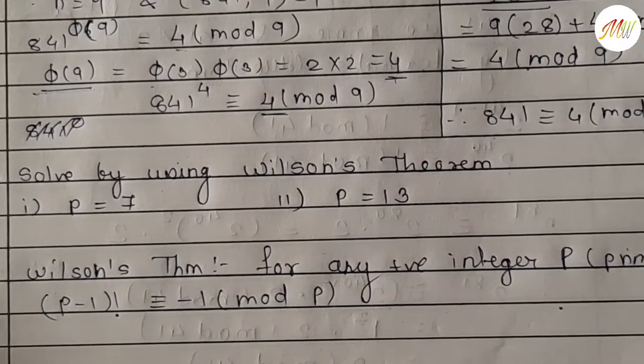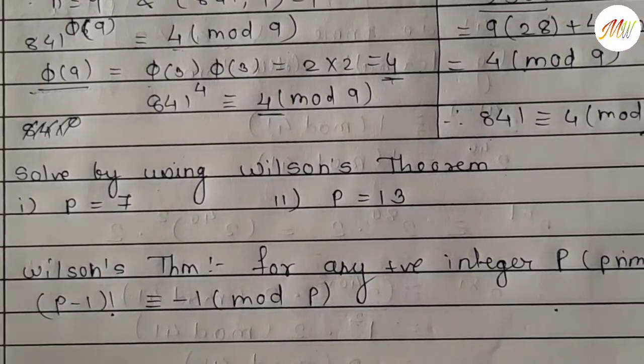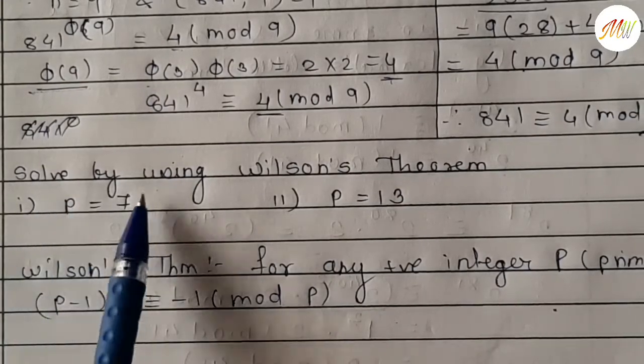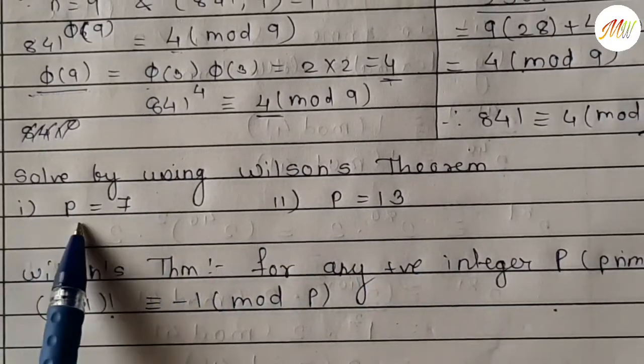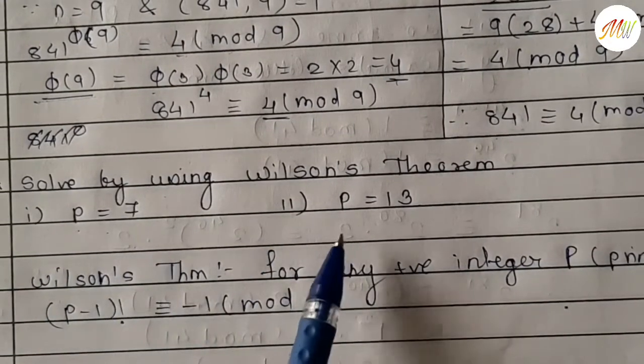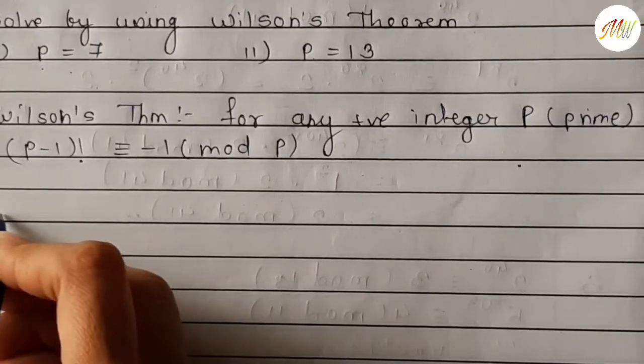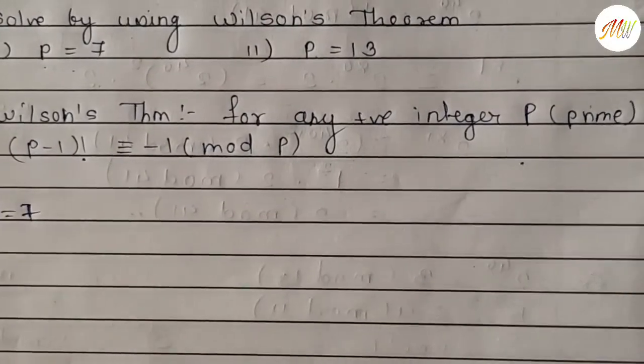Okay, so here I have example that is solved by using Wilson's theorem, where p is equal to 7 and p is equal to 13. Okay, p is equal to 7.